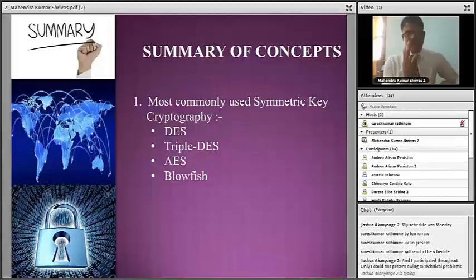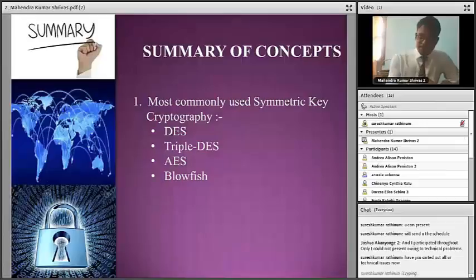So basically, what is the similarity in all of these? Suppose you have a whole file, say a 1 MB file. What these algorithms do is take a small part of the data, generally from 64 to 256 bytes of block.